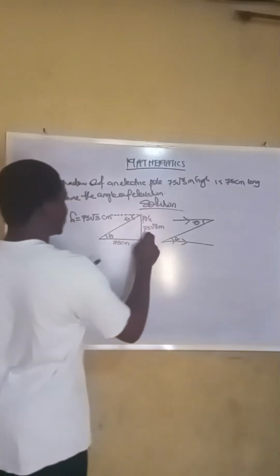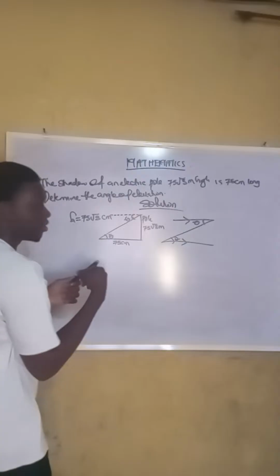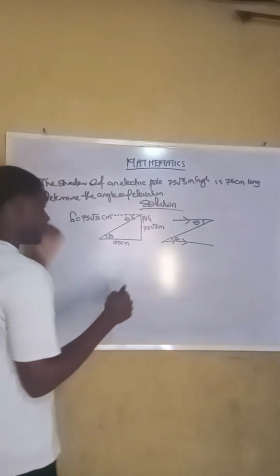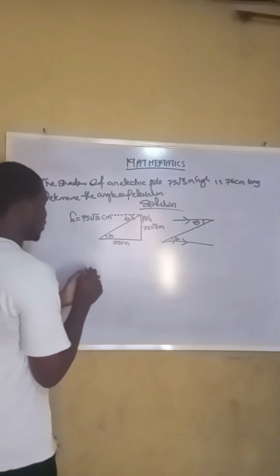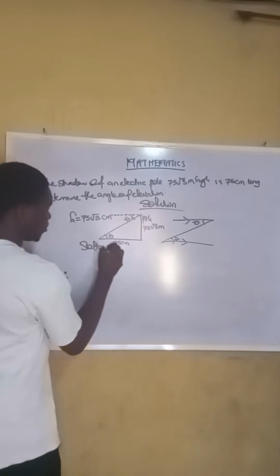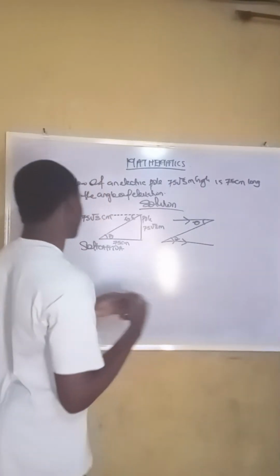We have 75, so we have this. So what do we do next? We find theta, right? We are asked to calculate the angle of elevation. Now the angle of elevation is very simple, using SOHCAHTOA again. If you have a question, you can ask your questions.